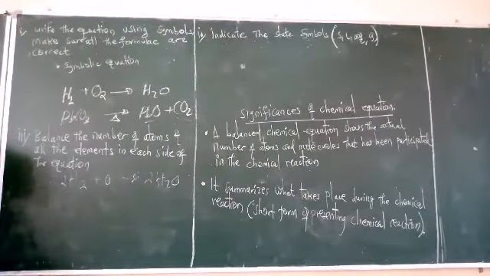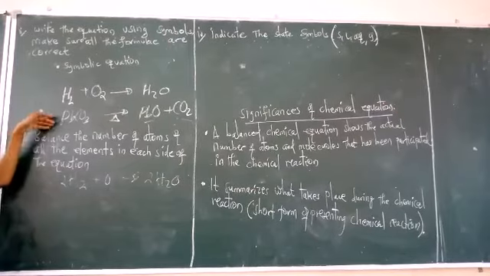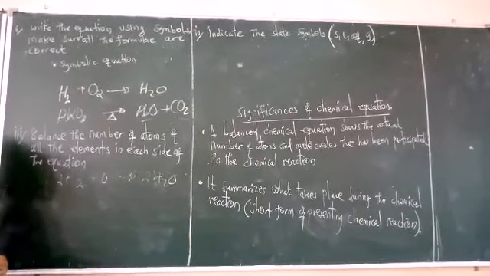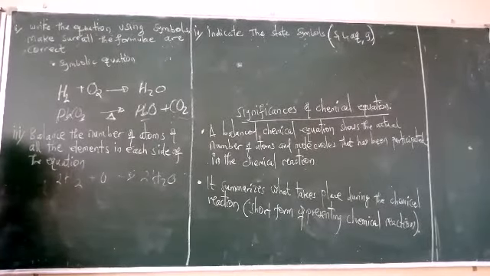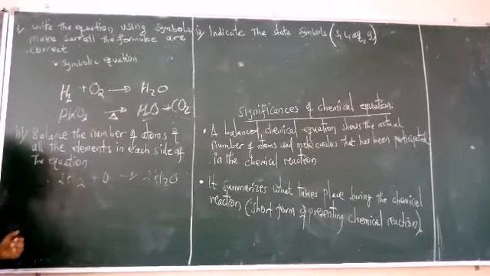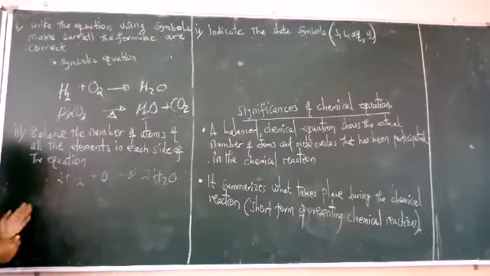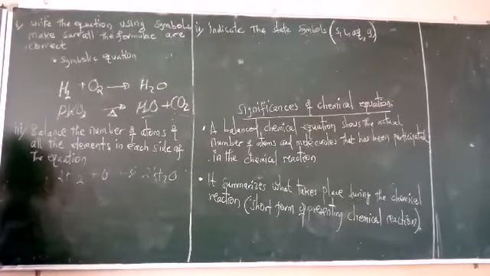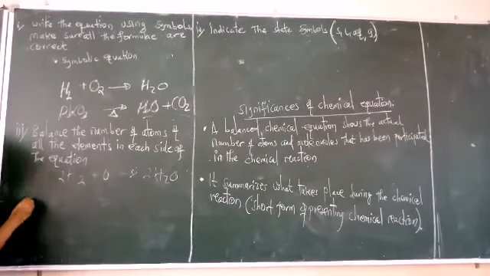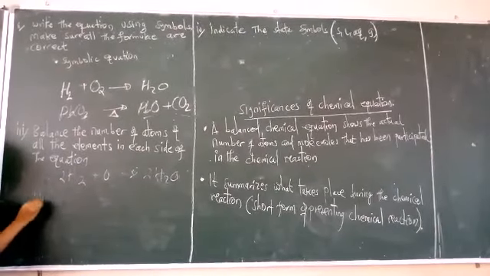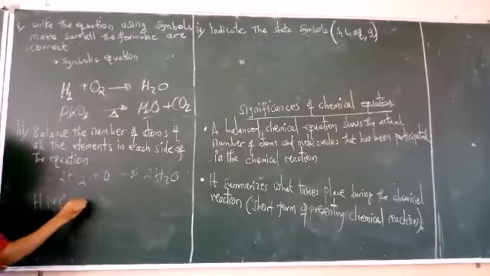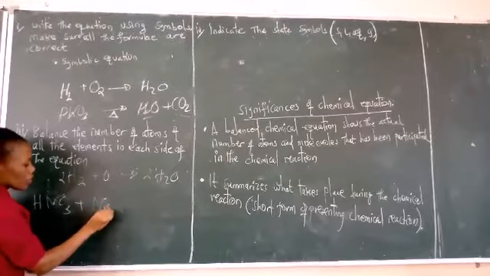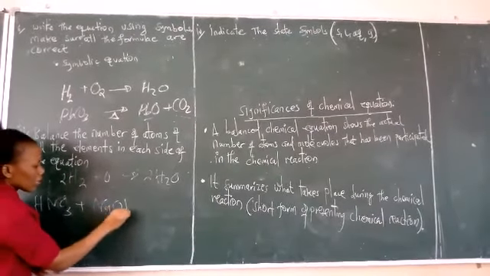Let's see another example apart from these 2 here. Let's say we react nitric acid and one of the bases like sodium hydroxide. Let's see what happens. Nitric acid and, let's say, sodium hydroxide.